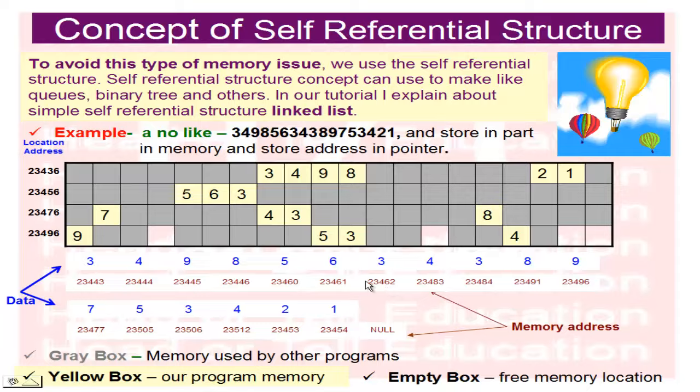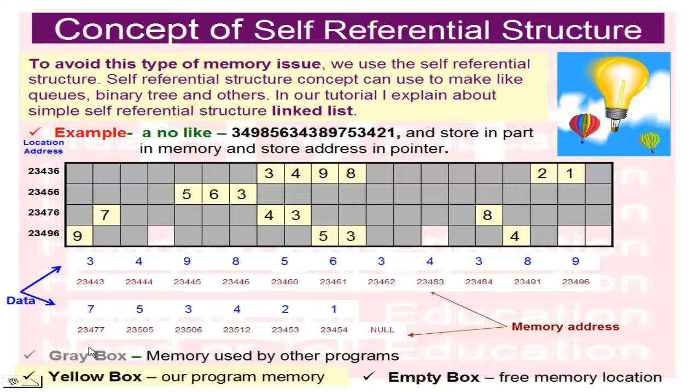Next, 23483 is the fourth location, so the 4 is stored there. Memory is available in this place, so we allocated the memory at this location. Here we added two numbers, at location 483 and location 384. Again the 8 finds memory location 491, and 9 finds memory location 496.